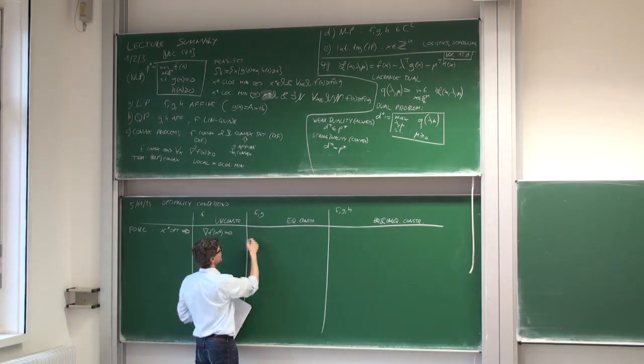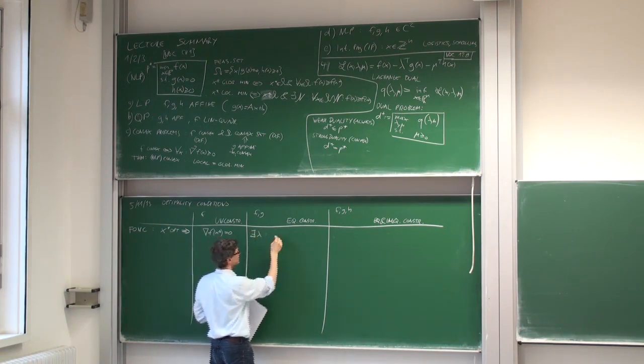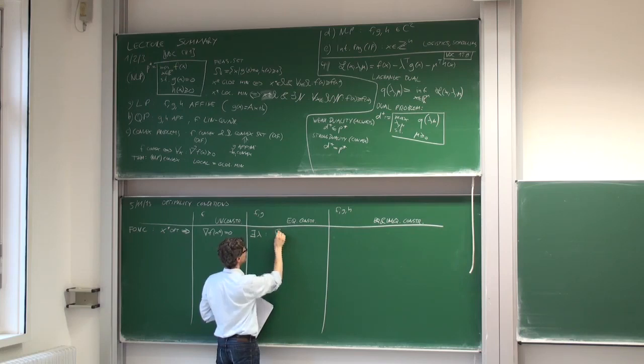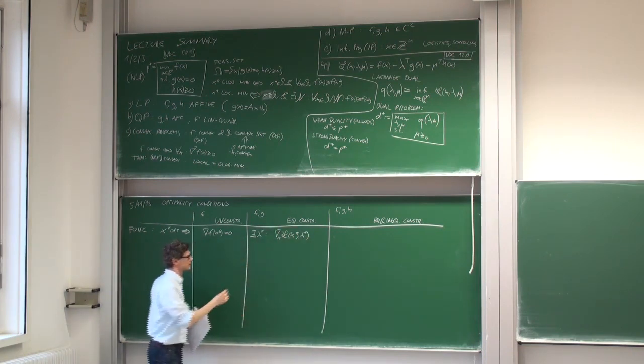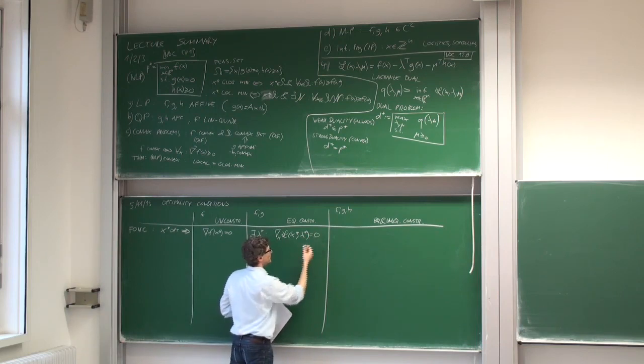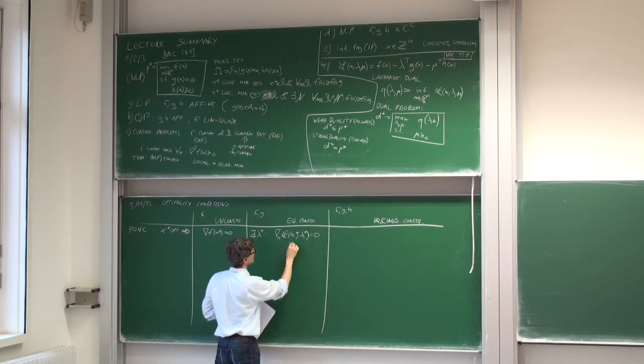What does it imply for equality constraints? It implies that there exists a lambda of the appropriate space, so that the gradient of the Lagrangian with respect to x, at lambda star, is equal to 0. And for completeness, we also state that it should be a feasible point.